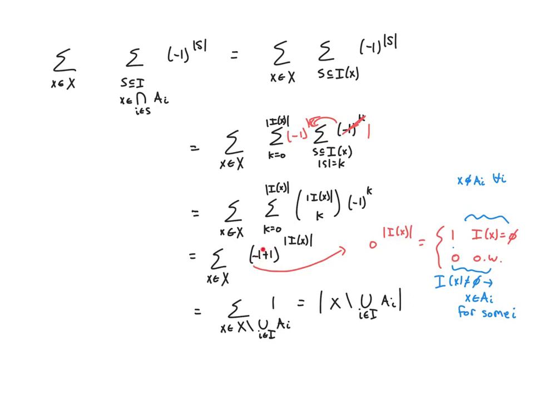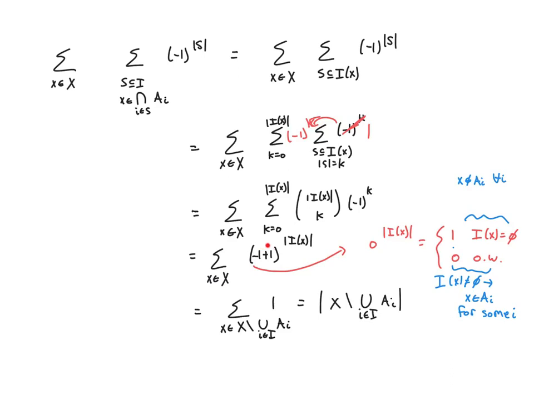When is your contribution to the summation 0? When I(x) is not empty, which means x actually belongs to at least one club. And that means x is actually in this union. And so the terms that are 0 are the terms when x is in the union, and the terms that are 1 are when x is not in the union.